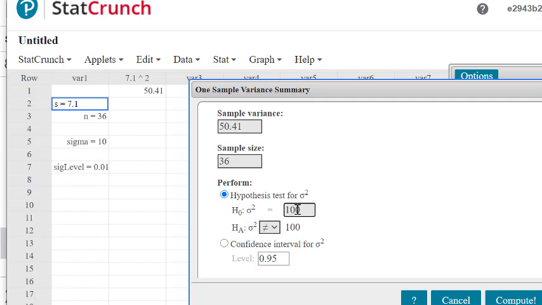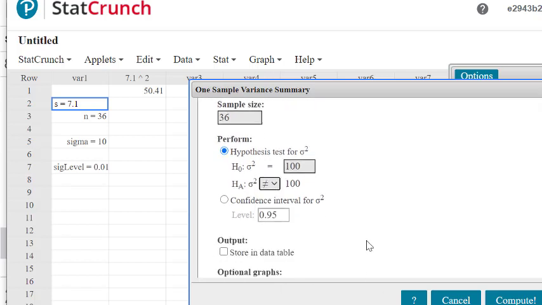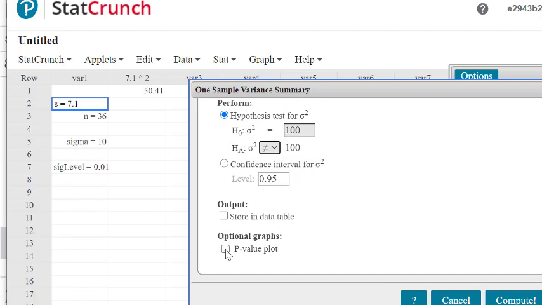I don't think I need to use a calculator for that. It's just going to be 100. Our null hypothesis is going to be equals, and remember that our alternative hypothesis turns out to be the not equal to symbol here. And let's take a look at the p-value plot just for the heck of it. We won't really use it, but let's compute.